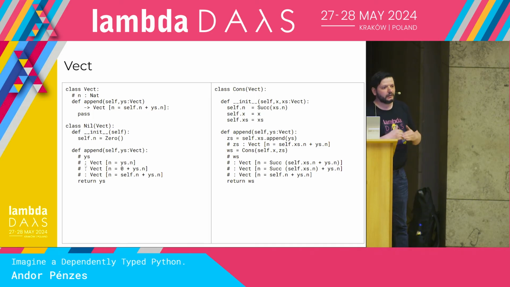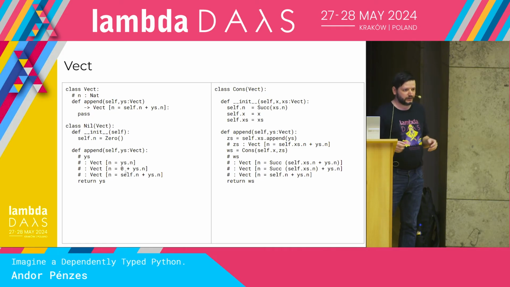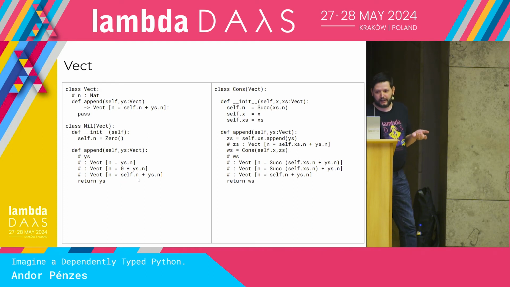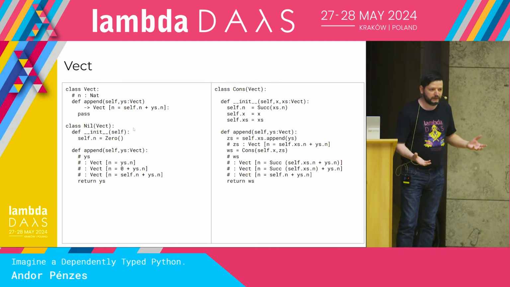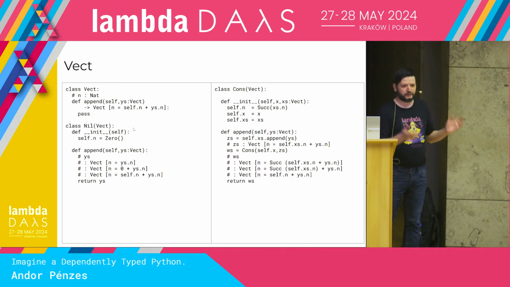We can see that originally this is the type of the ys, but there is a sub-expression here. We just add 0, and this is still the same natural number, and we can see that this 0 plus n is equivalent to the self.n, and this formula is the same formula that we were expecting in the return type. So now we actually created the proof that our contract is fulfilled.